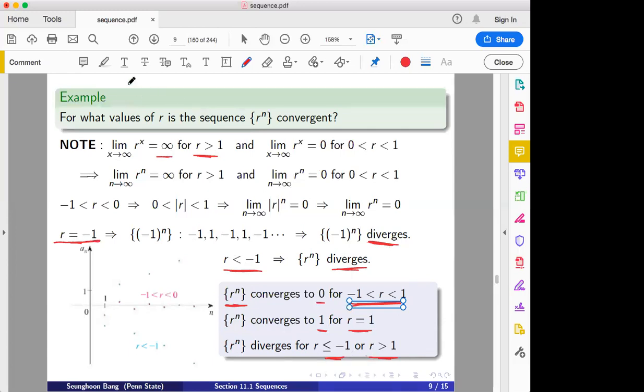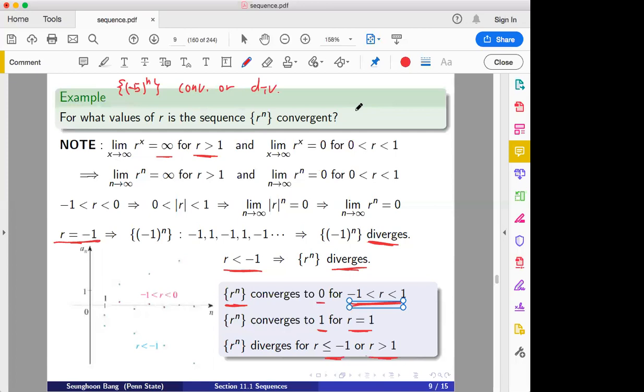One example problem is like this: the sequence -5 to the power n. Does it converge or diverge? What is the answer? What do you think?